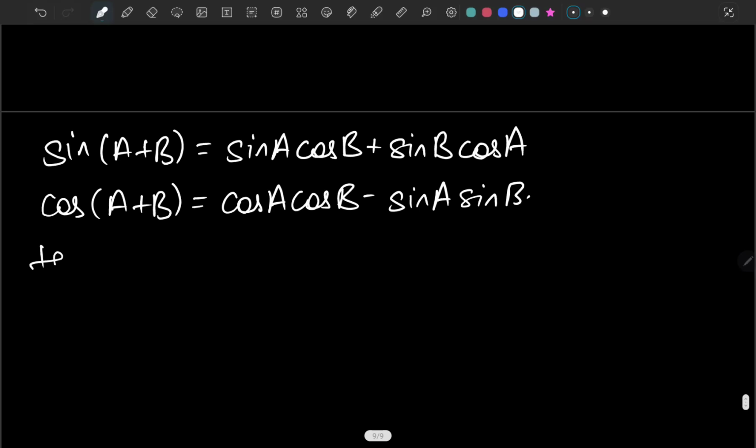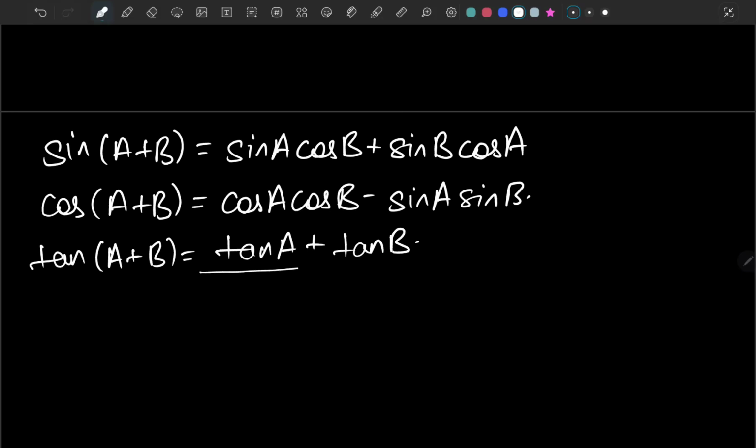And finally we have tangent of a plus b as tangent of a plus tangent of b over 1 minus tangent of a tangent of b.